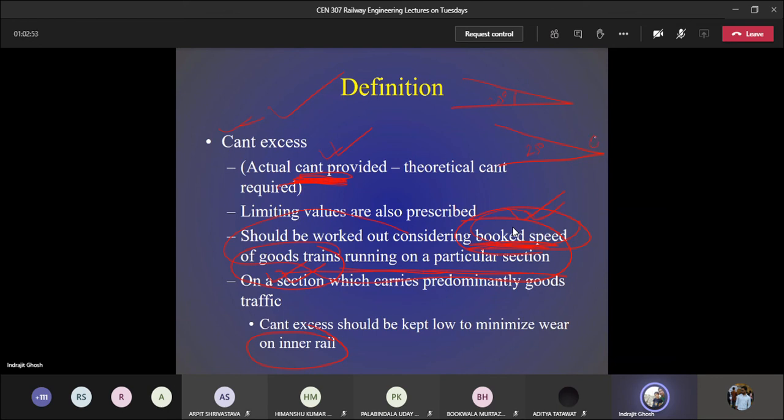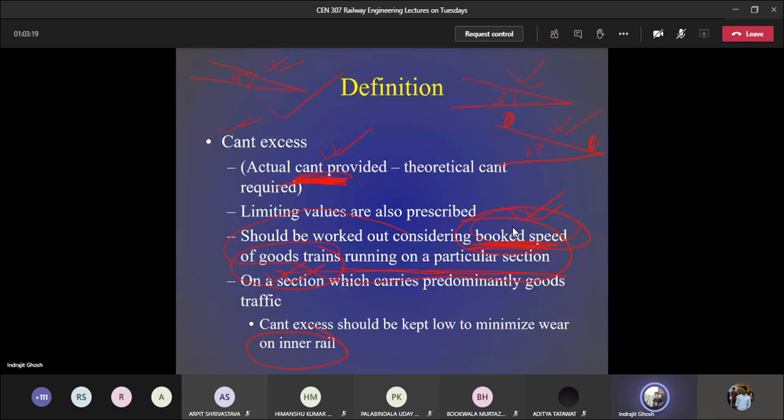We have a rail here, we have a rail there. Then the other instance that I discussed earlier: what if it is 15 degrees? So this is what we need. If we have made a mistake and provided this, what is the problem if we have provided less than what is required?